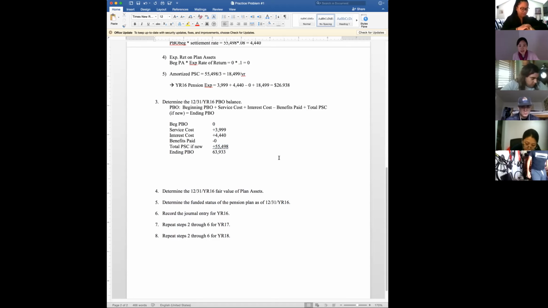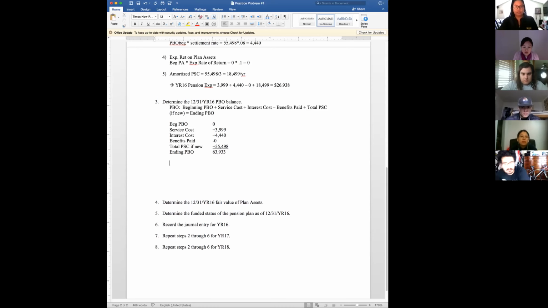We can calculate the PBO balance as of December 31, year 16, using the present values, right? Shall we do that? So another way: the pension check is based on how many years of service?